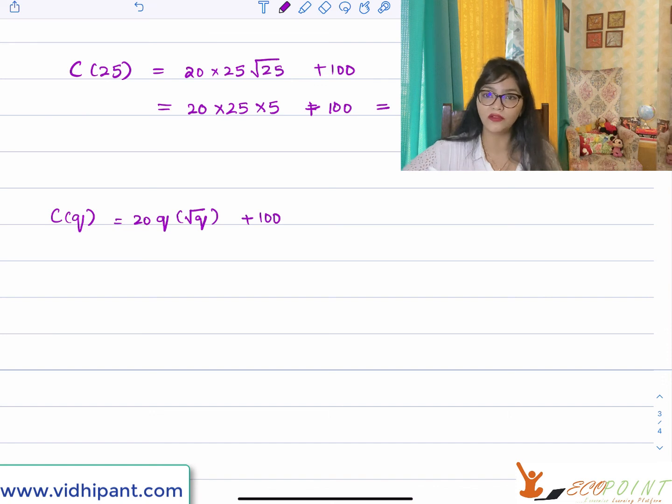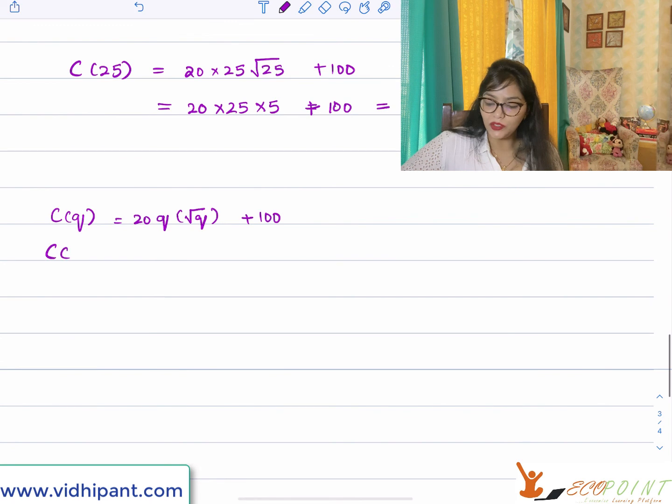Or in a generalized case, if I am spending 20 times q into root q plus 100 for q units, I would be spending for q plus 1 units 20 into q plus 1 into square root of q plus 1 plus 100.